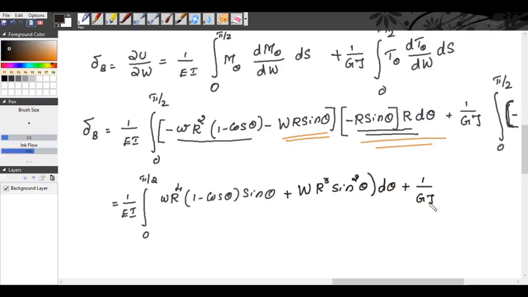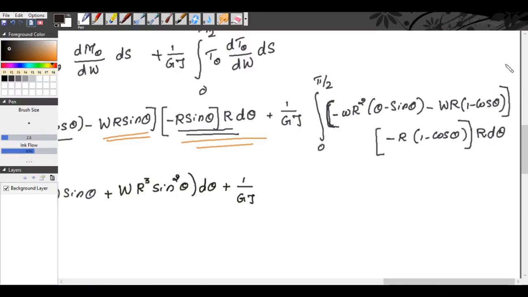Plus 1 by GJ, integration of 0 to pi by 2, into, we get, so this multiplied by this, we get W R square into theta minus sin theta multiplied by 1 minus cos theta.